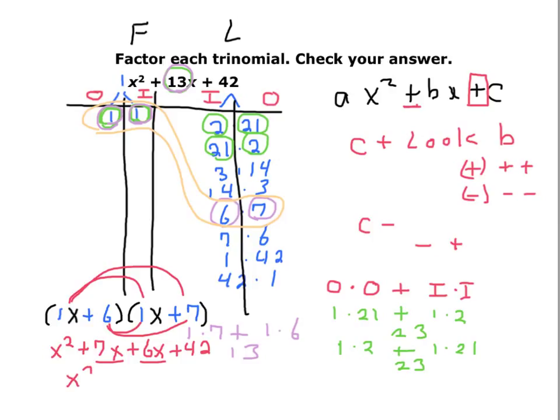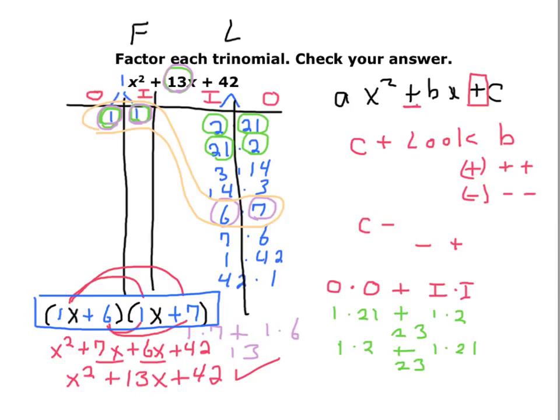I get x squared plus a 13x plus a 42. And guess what? If I look up here, that's what I started with. So it checks. And that means, where's our answer? Our answer is right here. These are the factors of this trinomial right there.